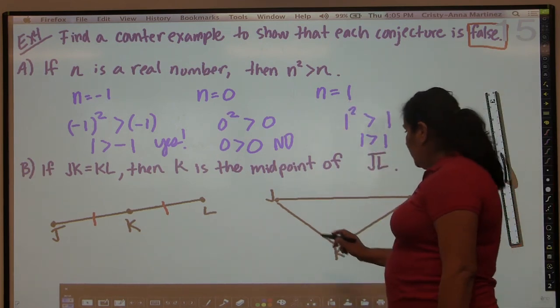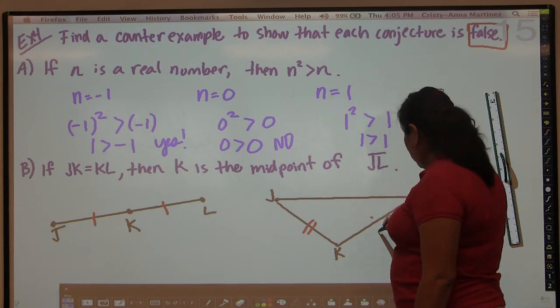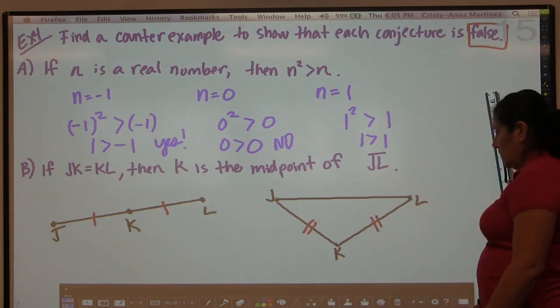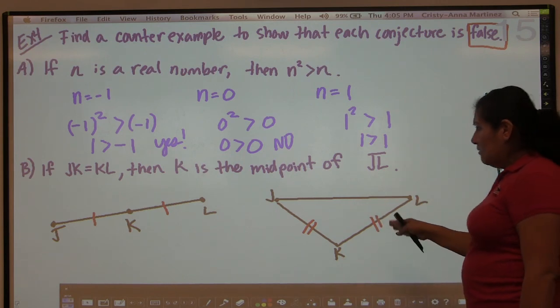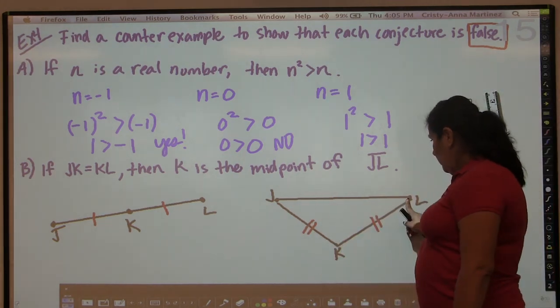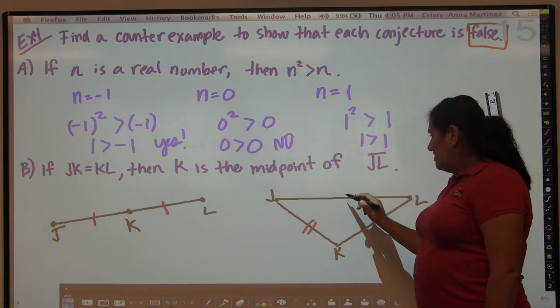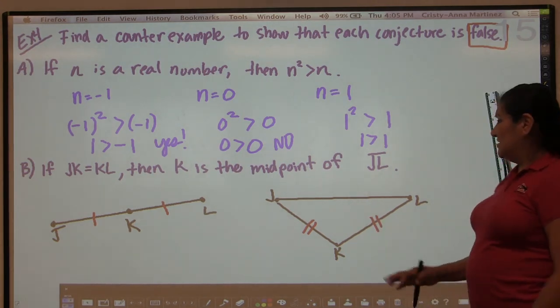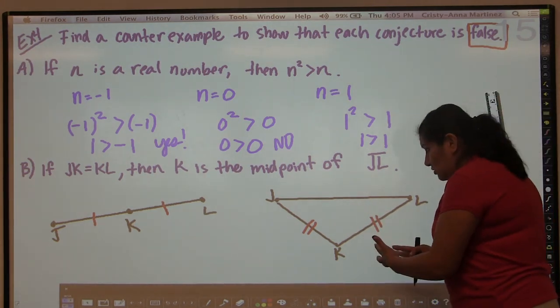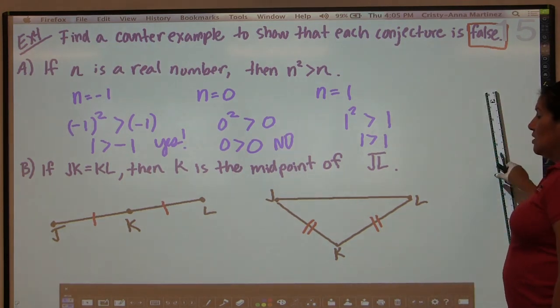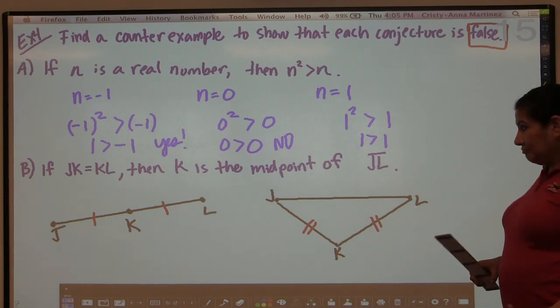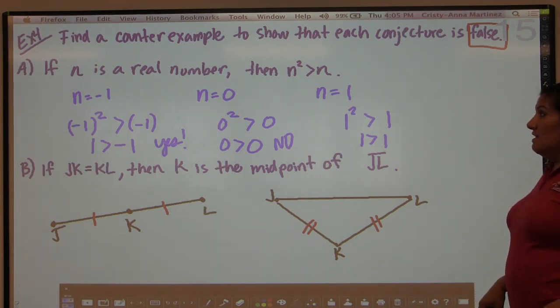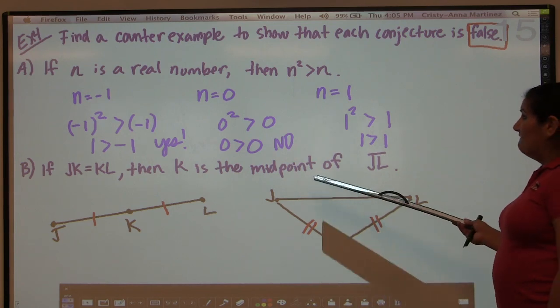And I could say that JK is congruent to KL. Totally. It satisfies what the statement says. JK is equal to KL. Does that imply that K is the middle of JL? Clearly not, because K is not even on JL. Okay, so this is a counterexample that shows that this is not necessarily true. Now, if they had said that J, K, and L were all collinear points, then that would be a different story. But it did not say that, so therefore this statement is false.